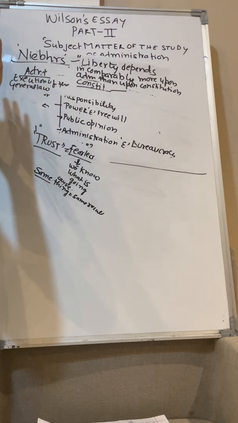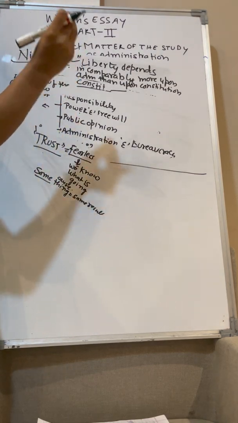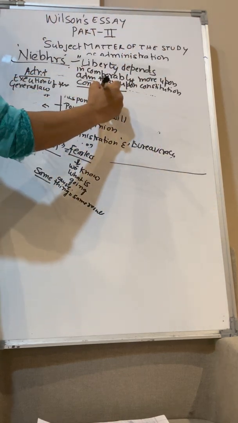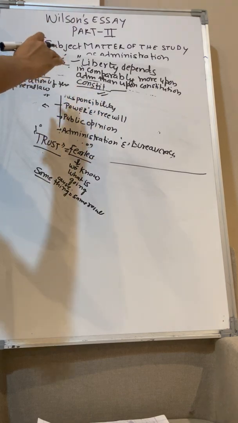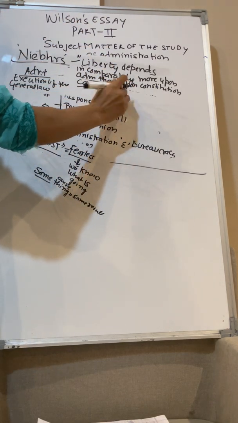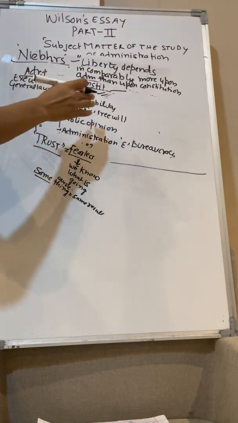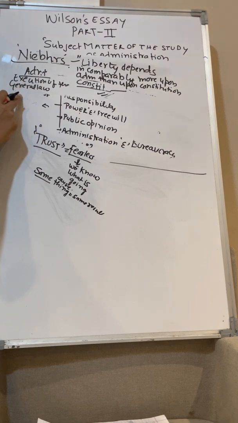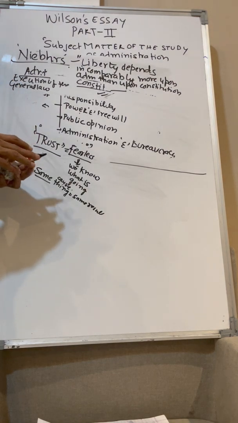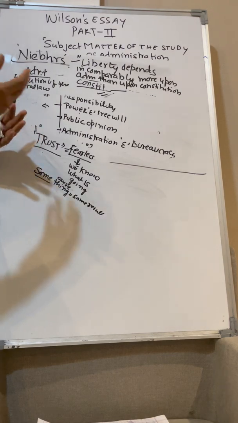Because they have written that this is to be done, and this person will do this thing, because they have divided the work among different parts of the government, of course, but how it is to be done is left to the administration. So now Wilson asked, can we say that administration is just implementing the law?